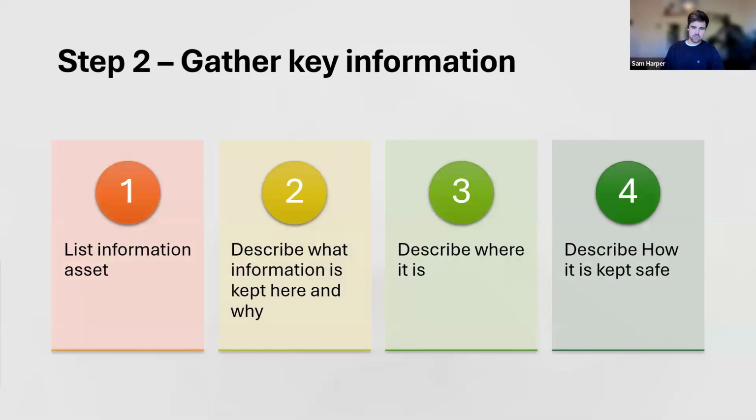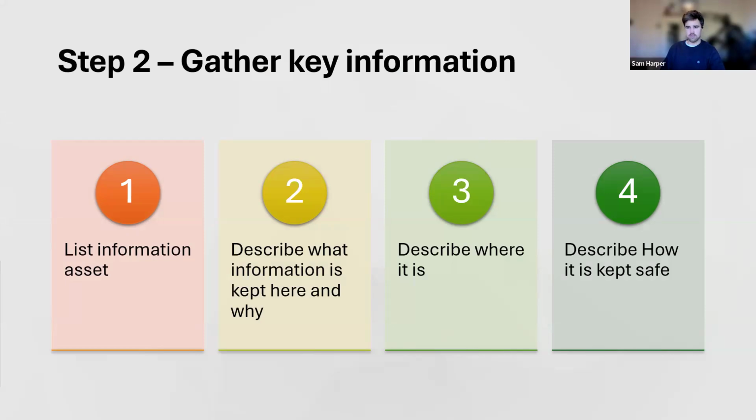So first thing you need to do in gathering key information is you need to go around your organization and you need to list each information asset. So the easiest way to do this is identify all personal data, any data that can identify an individual, yourself, staff, or any stakeholders related to the organization.